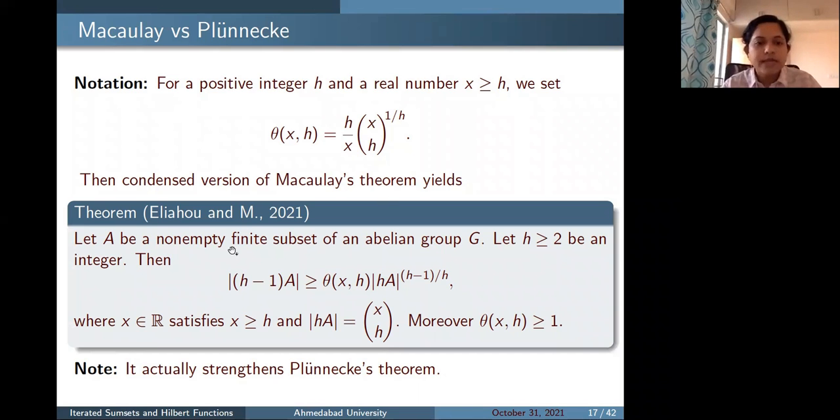In other words, we can say that if A is any non-empty finite subset of G, then for h greater than or equal to 2, this will happen, where x is a real number satisfying cardinality of hA is binomial of x, h. Moreover, we have that theta is greater than or equal to 1. And this ensures that this condensed version is basically stronger than Ruzsa's theorem.